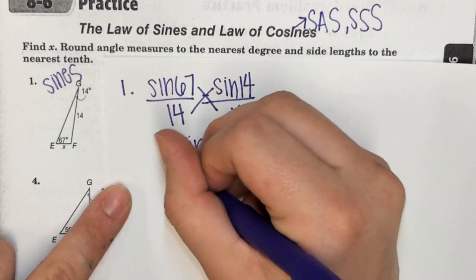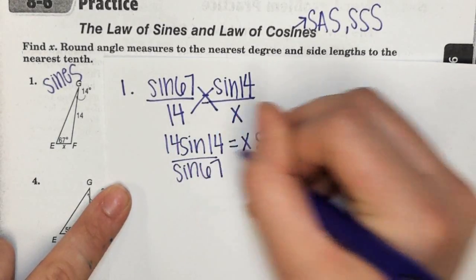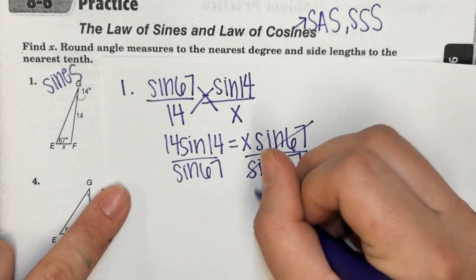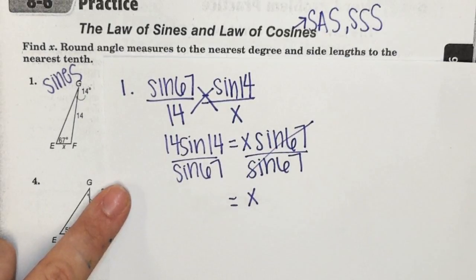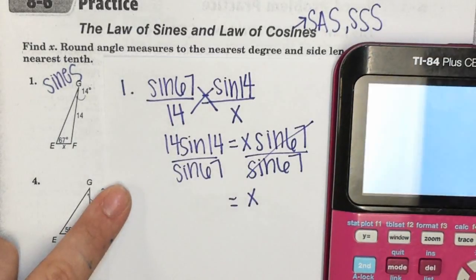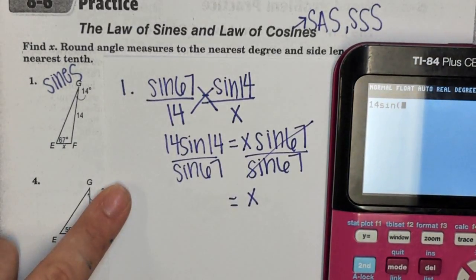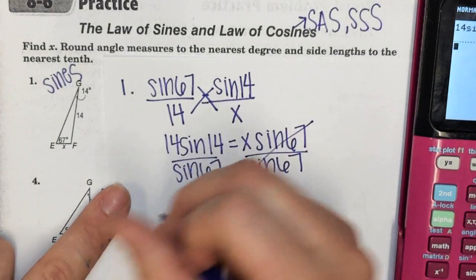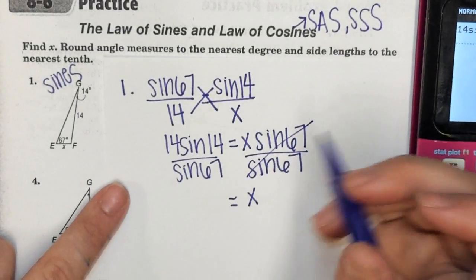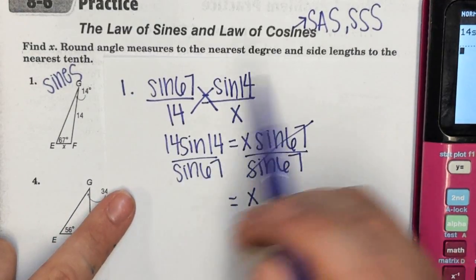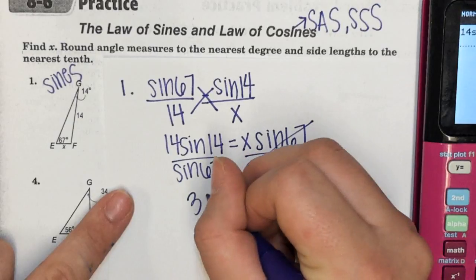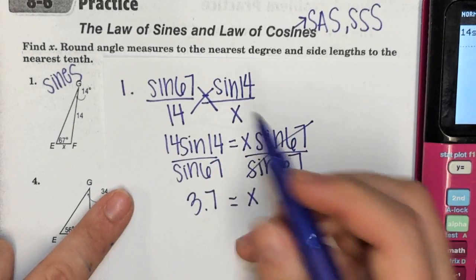Divide by sine of 67. So those cross. This is a side, so we are rounding to the nearest tenth. So I got 3.7. What about y'all?